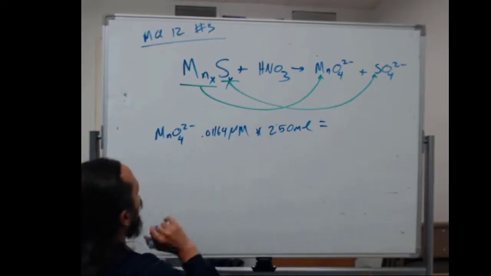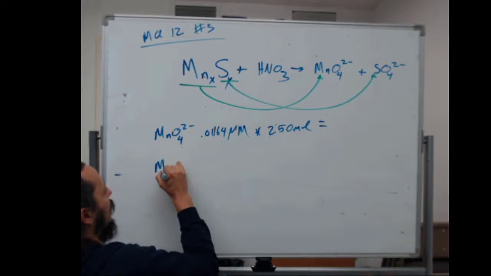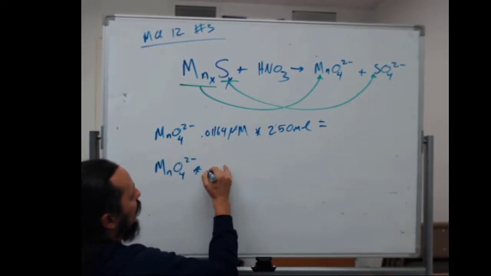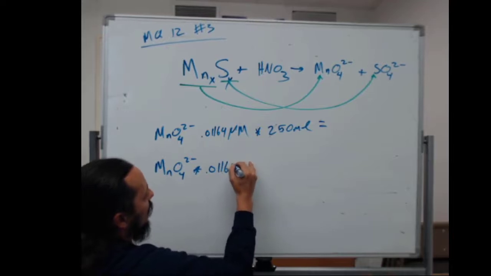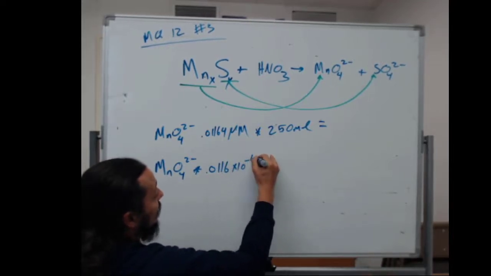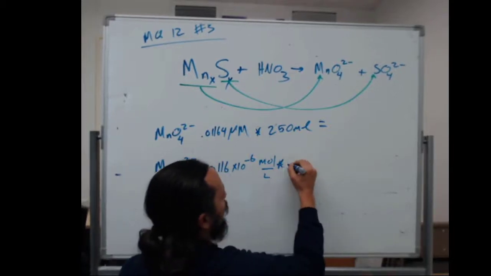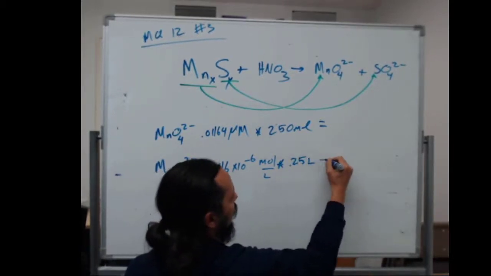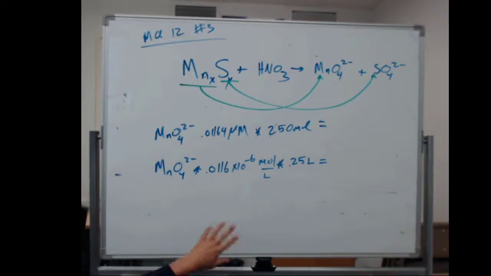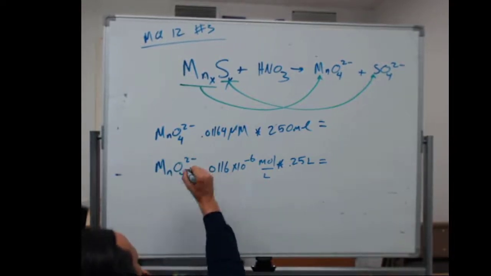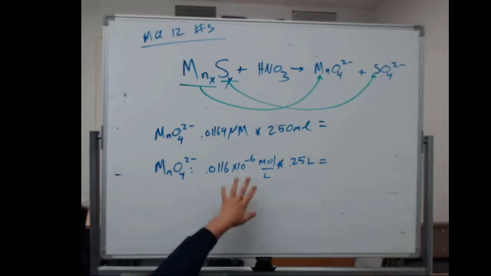I'm going to rewrite this, taking into account the units: MnO4 2 minus times 0.0116 times 10 to the minus 6 moles per liter times 0.25 liters. With this way of writing, the liters will cancel out and I'll just be in units of moles.